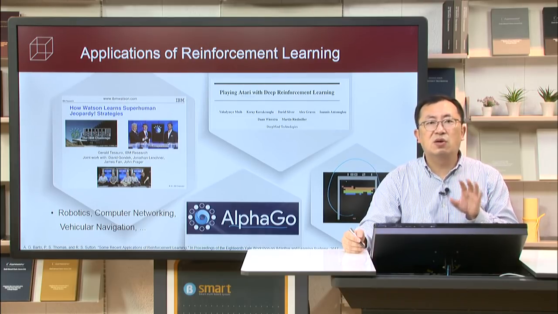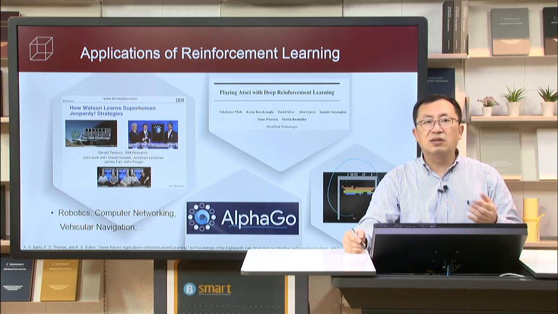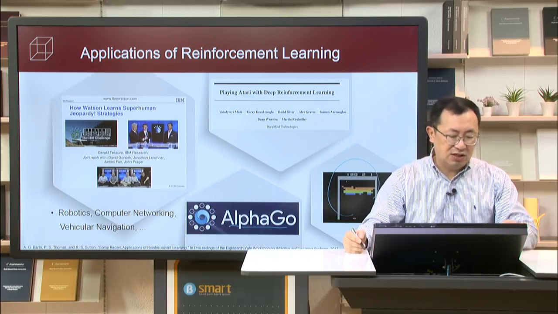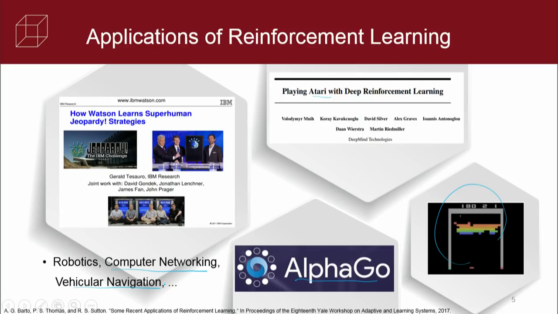Those are based on reinforcement learning algorithms. And it is known that this algorithm, along with deep learning, as in deep Q-learning, for example, may have a lot of potential applications such as robotics, computer networking, vehicular navigation, and so on.